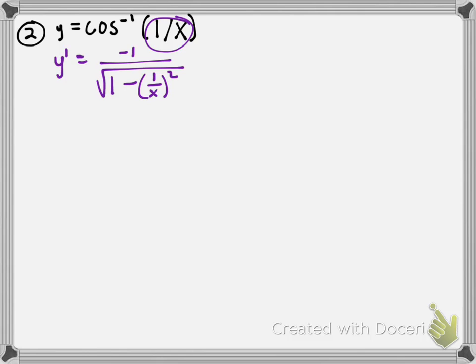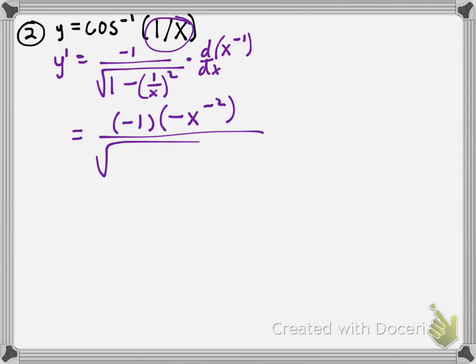Multiplied by the derivative of 1 over x, but I'm going to write that as the derivative of x to the negative 1, so it'll be easier for me to see it. And then negative 1 up there on top. The derivative of x to the negative 1 is negative x to the negative 2, divided by the square root of 1 minus 1 over x to the 2nd power.